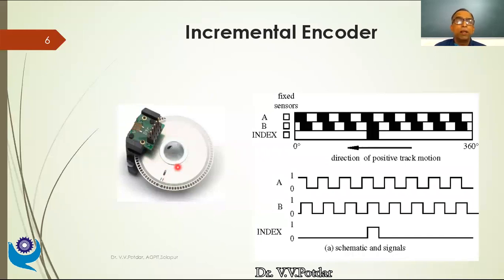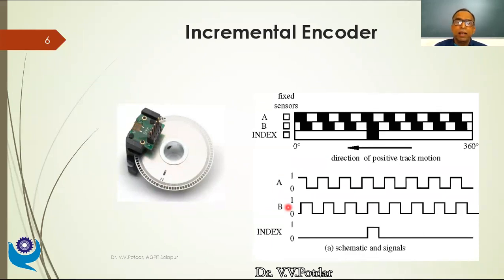In the absolute encoder, if you refer back, you'll have a number of tracks, track 1, track 2, track 3, track 4, like that. Here, limited tracks are there because my objective through the incremental encoder is not to measure the exact position always, but I am interested more in the velocity of the disk.